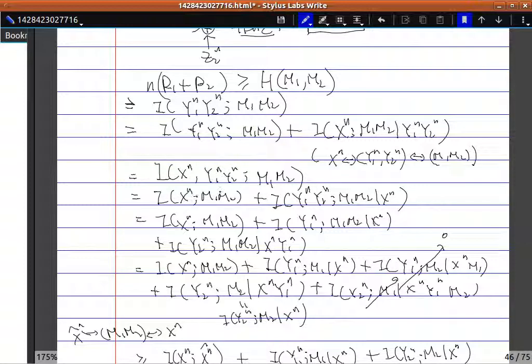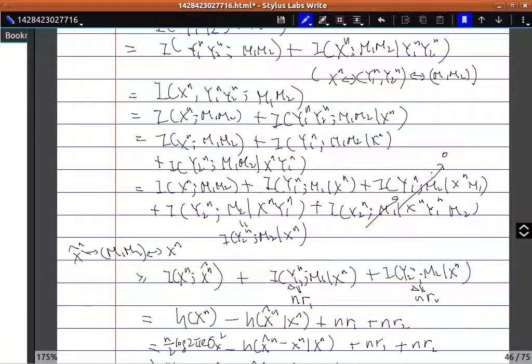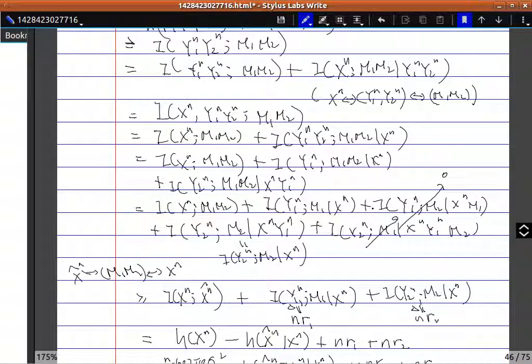First I have x^n, m1, m2, and then the second one is y1^n, y2^n given x^n, m1, m2. Now I can expand it into basically 4 terms. I first expand 2 terms and then expand again. Of the 4 terms, we'll find that 2 of the terms are actually zero, because of the Markov chain here.